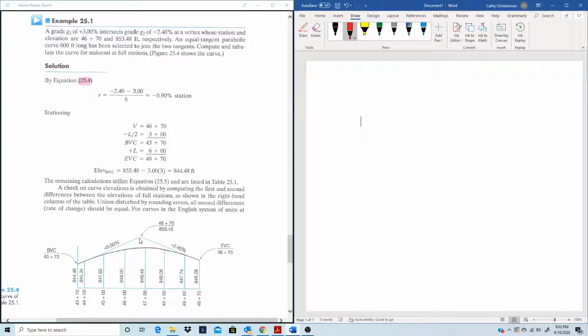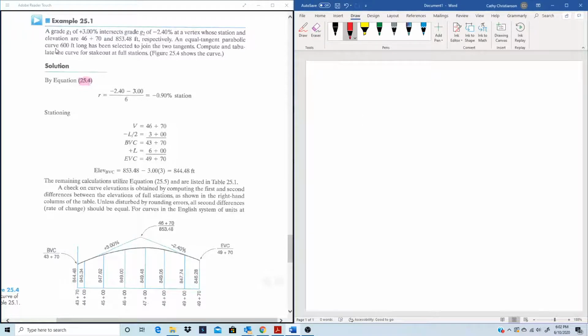We're given G2, a negative 2.40. We're given the V, vertex, station 46 plus 70. We're given the elevation of 853.48. And this is an equal tangent parabolic curve, 600 feet.